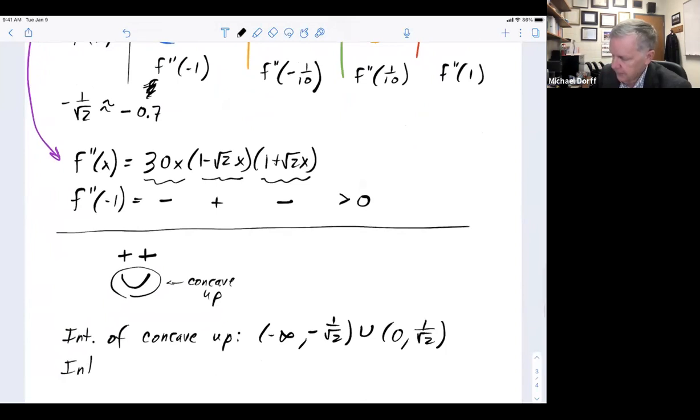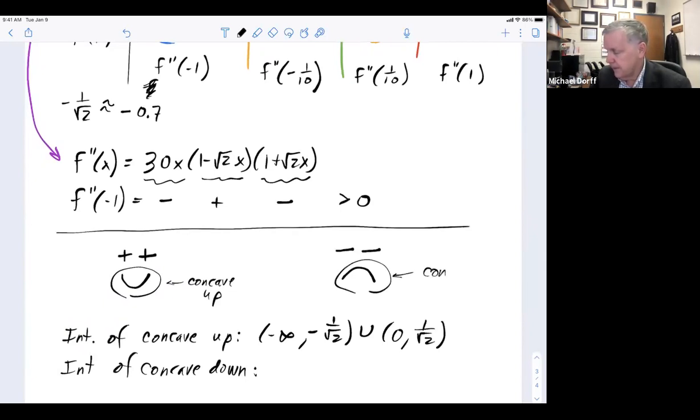And then likewise, I can do intervals of concave down. Just as a review, concave down, second derivative, if I have negative, so I'm going to write 2 symbols. Okay, that's frowny face or stormtrooper, and that is the concave down mouth.